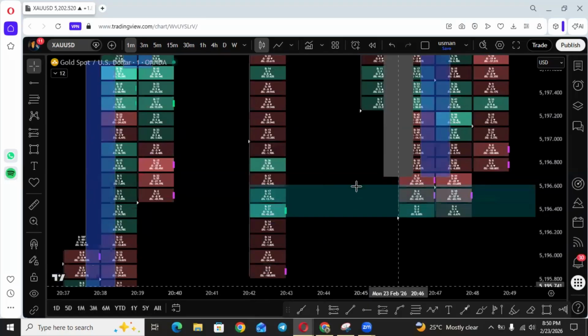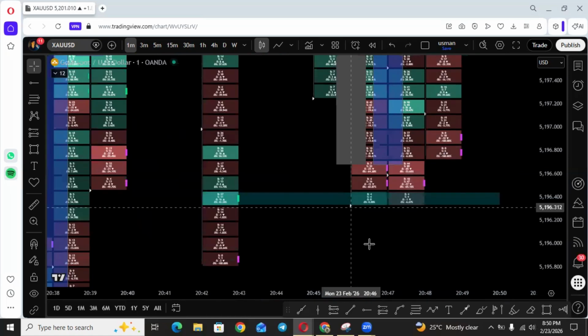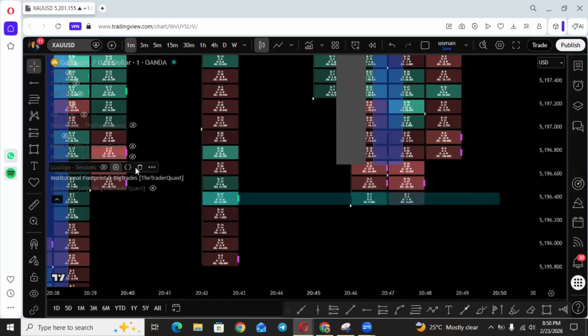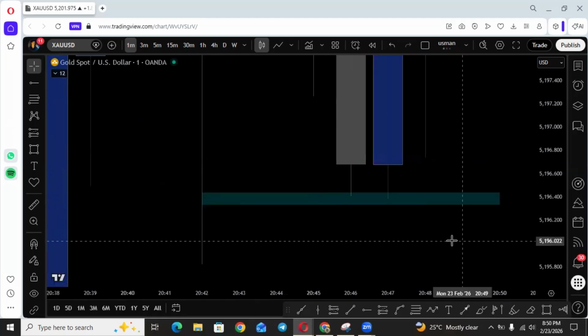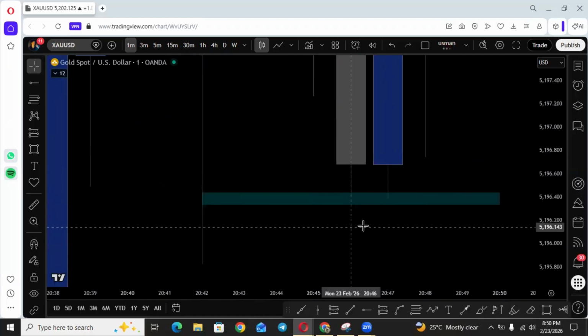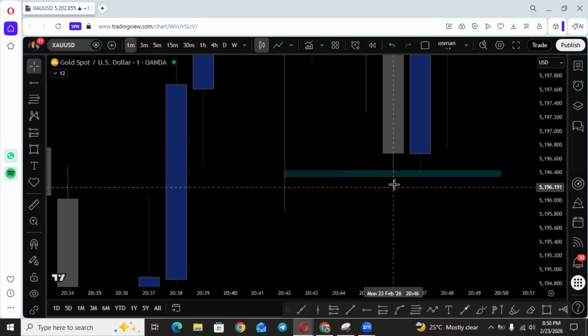You can even reduce it to this. The market touched this area to the tick, tapped this area to the tick, and the market went up. Why did the market not go below this? Because there was no cluster below this.